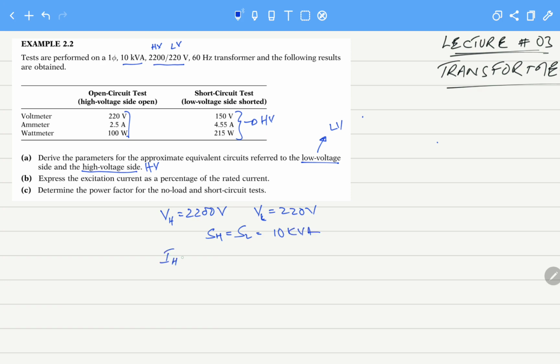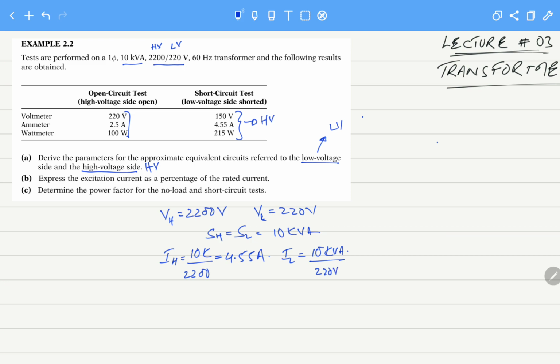The value of I_H will be 10k divided by 2200, which is 4.55 amperes. This is the rated current at the high voltage side, and for the low side the rated current will be the same power divided by 220 volts.